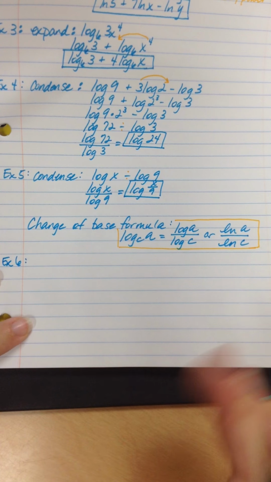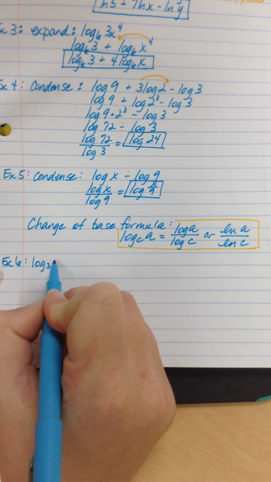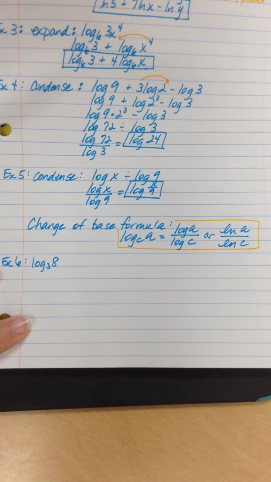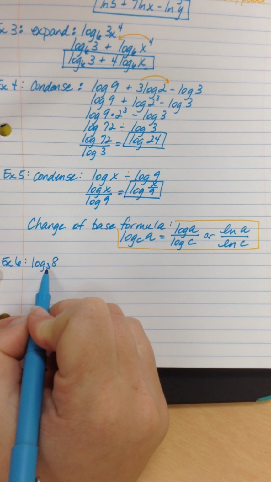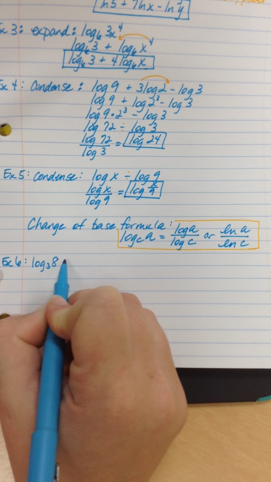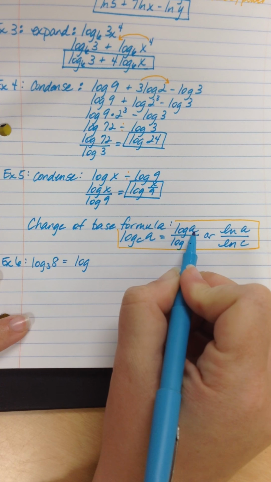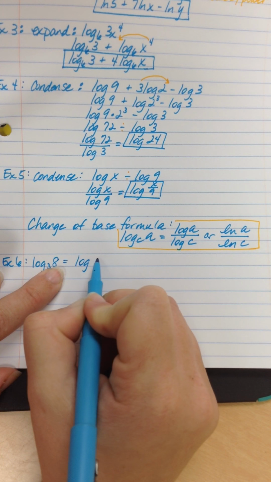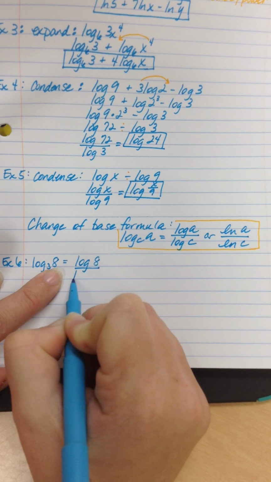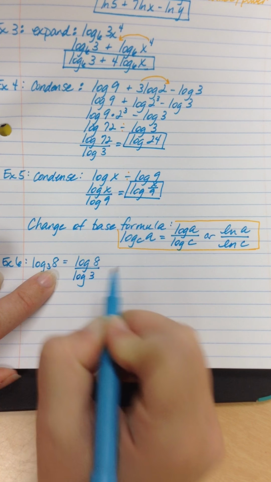Here's example 6. I've got the log base 3 of 8. So your 3 is going to correspond to the C, of course, and your 8 is going to be your A. So in order to figure this out, we can change it to the log of A, in other words 8, divided by the log of C, in other words 3.